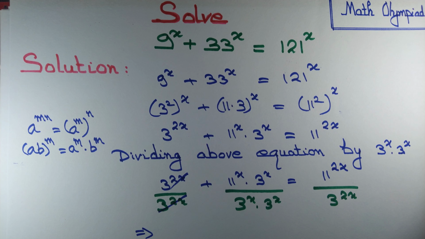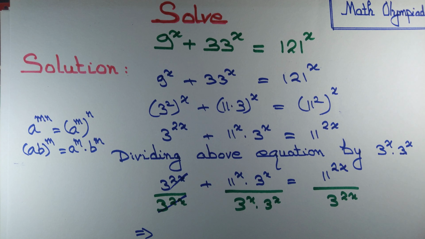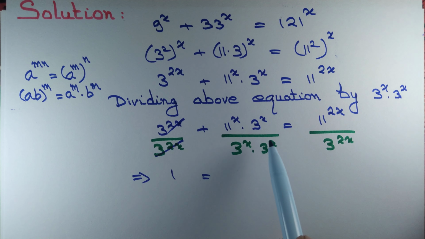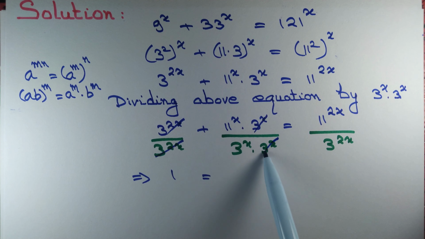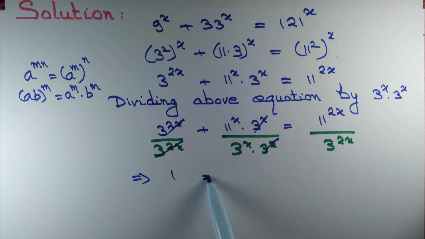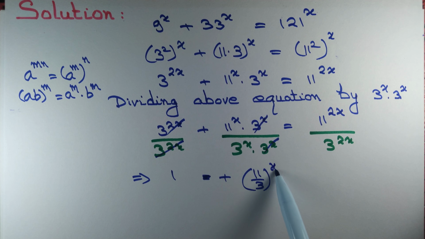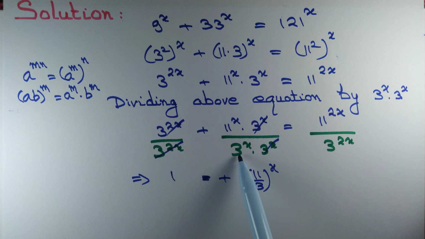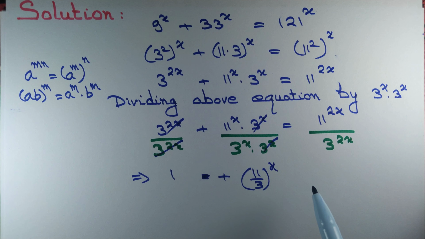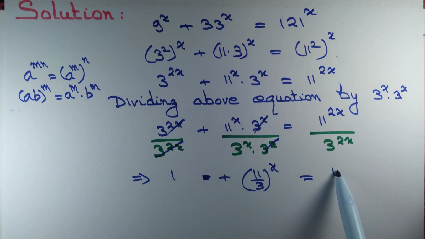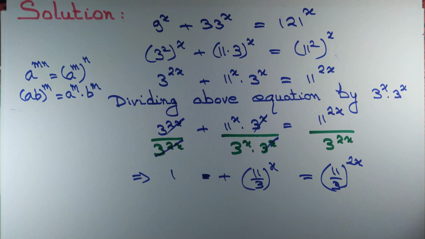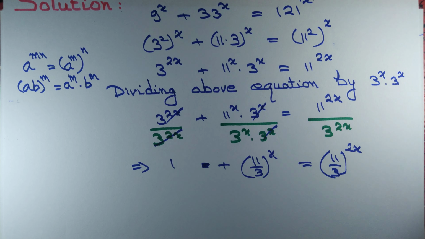So that implies 1 equal to, again 3 to the power x gets cancelled, 1 plus 11 by 3 to the power x. That's equal to 11 to the power x by 3 to the power x, again by law of indices, here 11 by 3 to the power 2x. Wow, we see something that we can handle now.